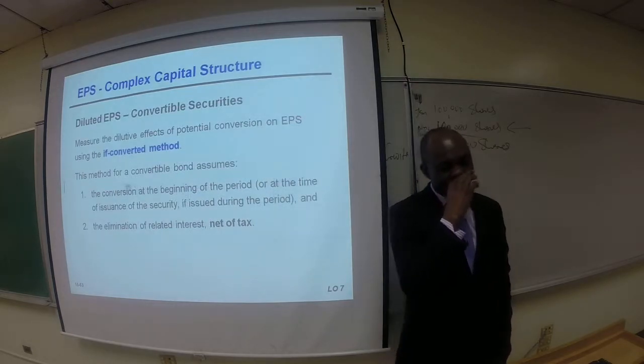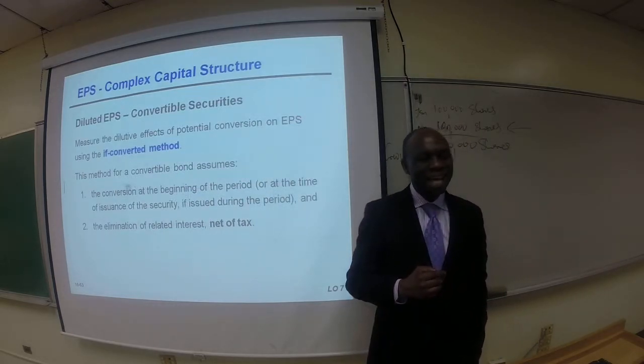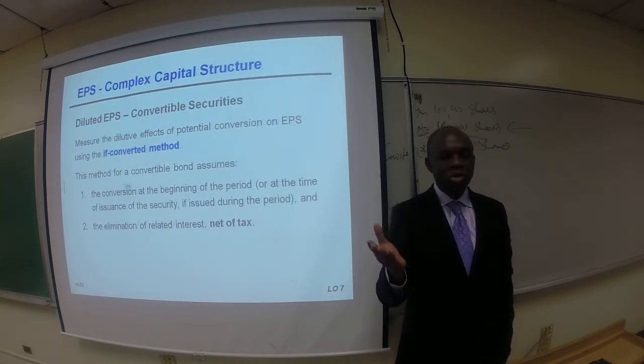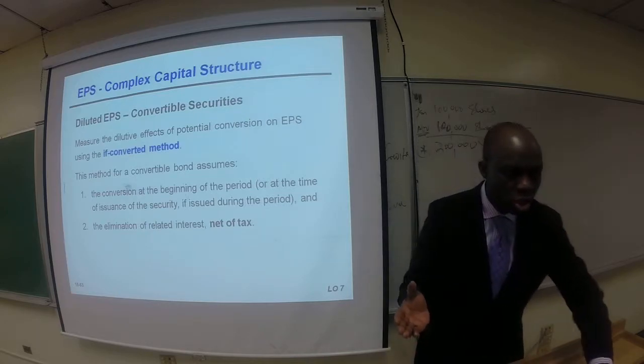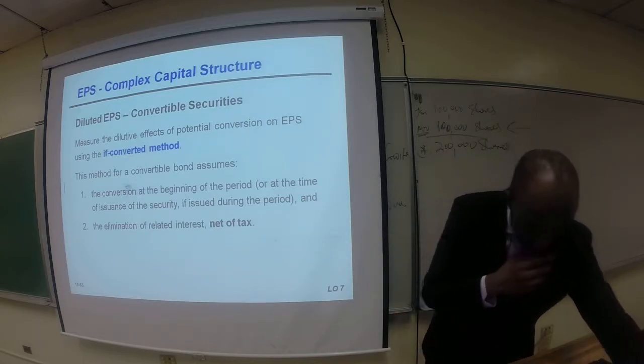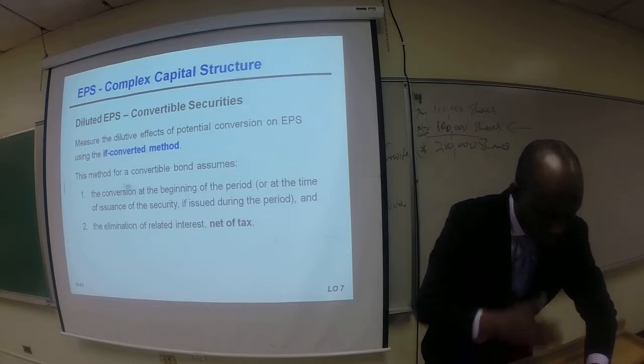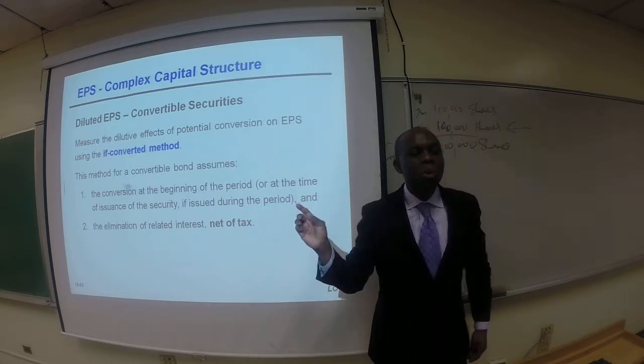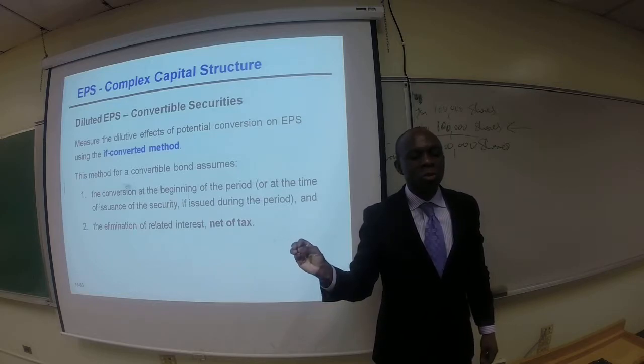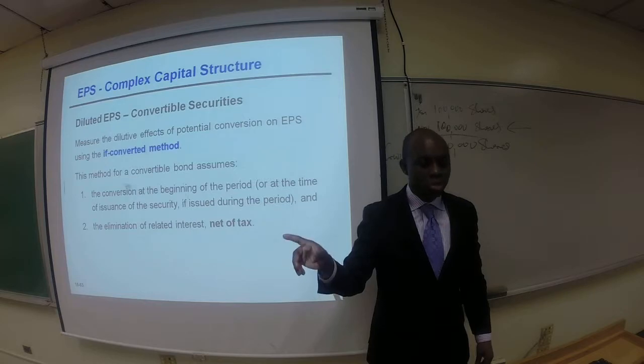So moving along, let's take a look at diluted EPS. Here we are zeroing in on convertible securities. So here, the assumption here is, let's read this. We are going to measure the dilutive effects of potential conversion on EPS using the if converted method.